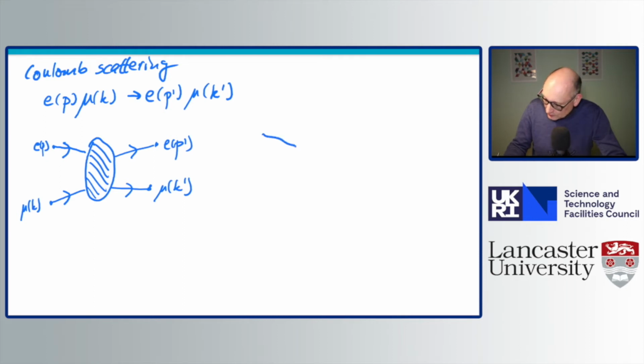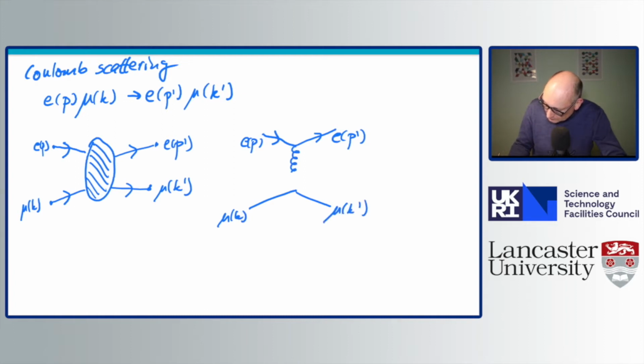The only way to do that is to have the e of p to e of p prime and the mu of k and the mu of k prime connected with a photon.